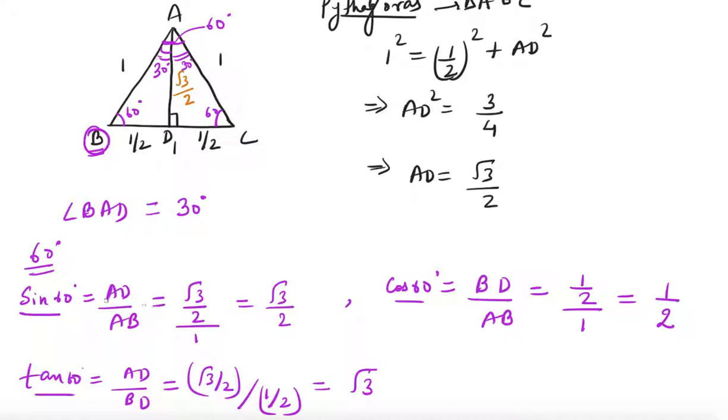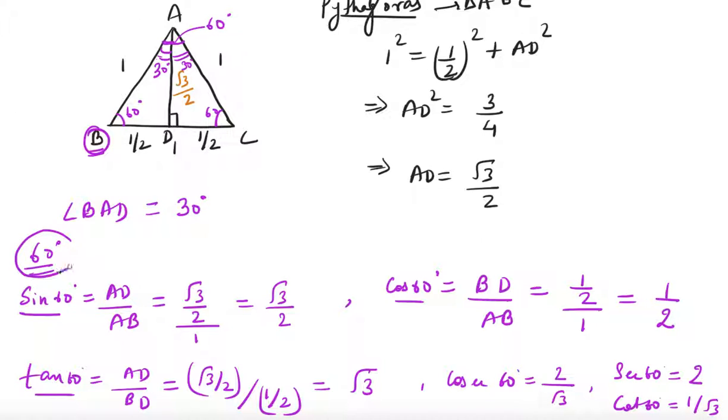Now cosec 60 is 1 by sine 60, the inverse of sine 60, so this becomes 2 by root 3. Sec 60 is the inverse of cos 60, so this becomes 2. And finally cot 60 is the inverse of tan 60, so it becomes 1 by root 3. So now I have all 6 trigonometric ratios for 60 degrees.